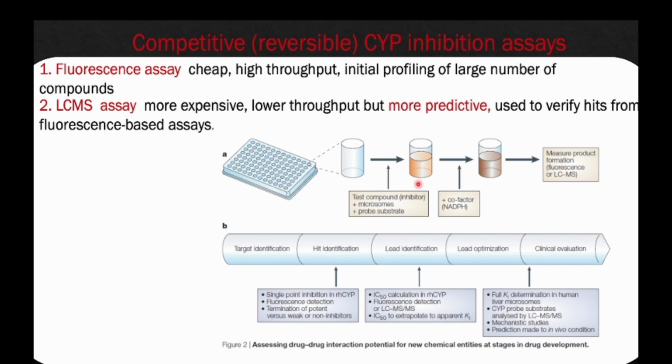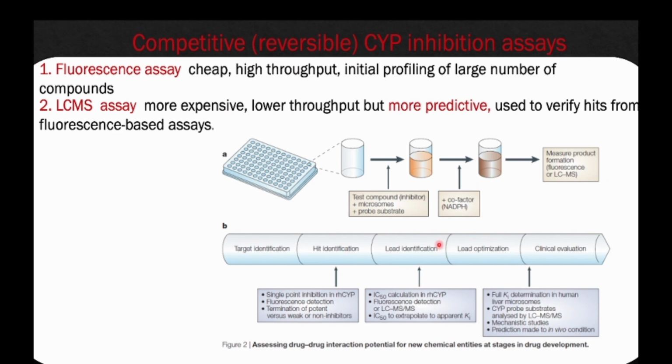If we look at the points of assessing drug-drug interaction potential for new chemical entities at the stages of drug development, for hit identification, we can have a single point inhibition of cytochrome and use fluorescence detection, and also a determination of potent versus weak or non-inhibitors.